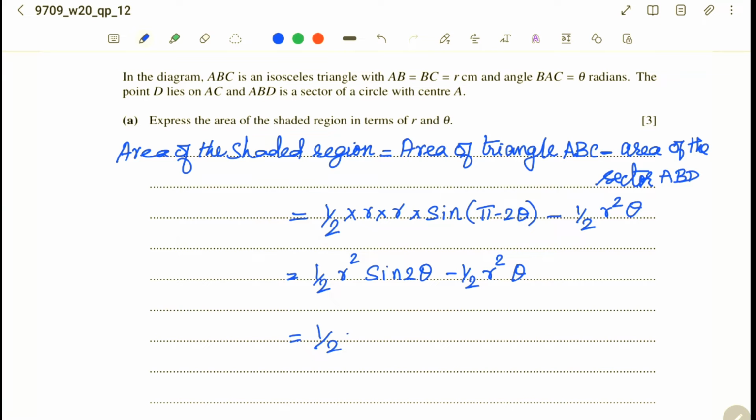So 1/2 r squared (sine 2 theta minus theta) is the area of the shaded region.